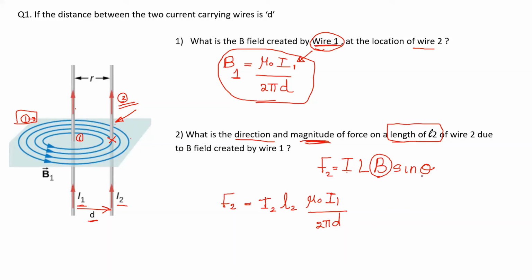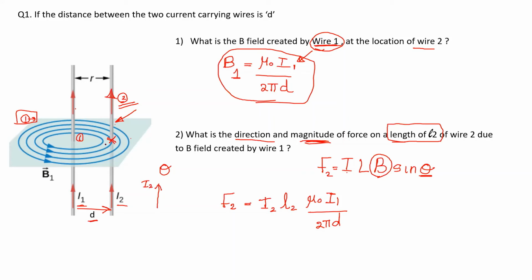Okay. Now the problem is, what is theta? What should be your theta? Theta is the angle between the current and the B field. Very good. It is 90. So this is your I2, going upwards.